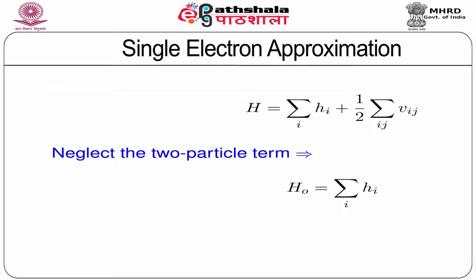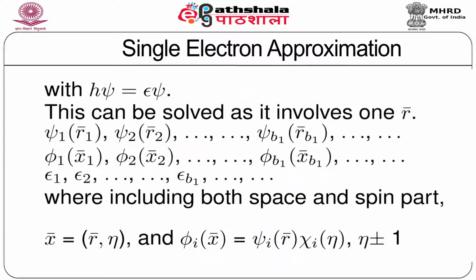Therefore, the Hamiltonian approximated in the single electron form is given by H0, which is the summation over i of this operator shown by little h_i. This operator little h_i satisfies the Schrödinger equation little h psi equal to epsilon psi.